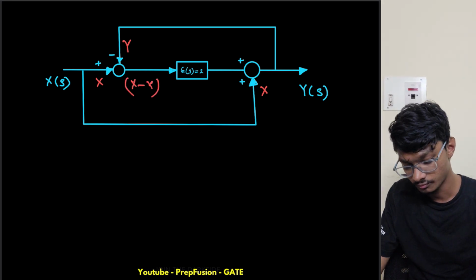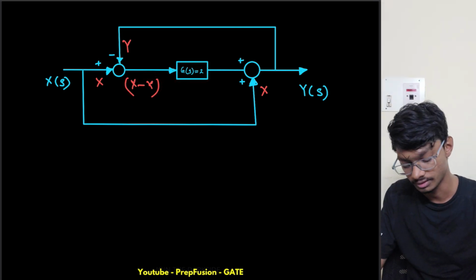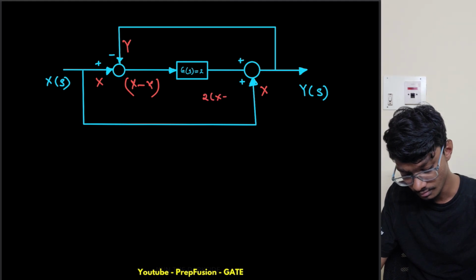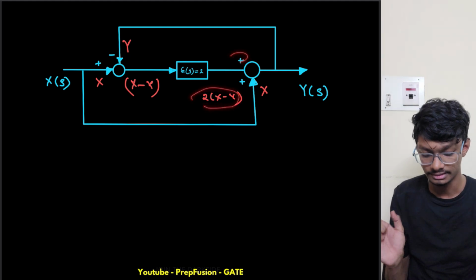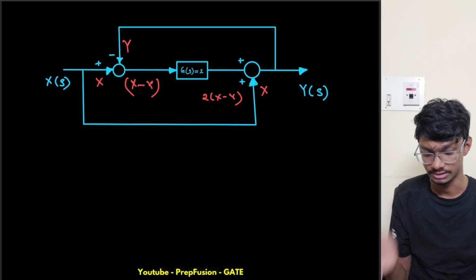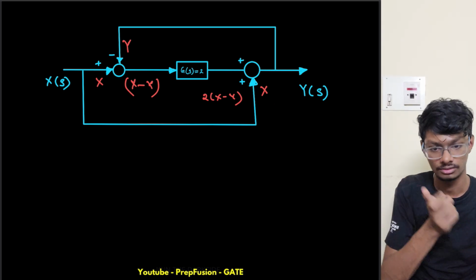Now what we will do is multiply this x minus y with this gain block. So what is our output? Output is simply 2 times (x minus y). Now what we'll do is simply add this. This is 2(x minus y), and this is x adding with this, right? So what do we get? We get 3x minus 2y, right?